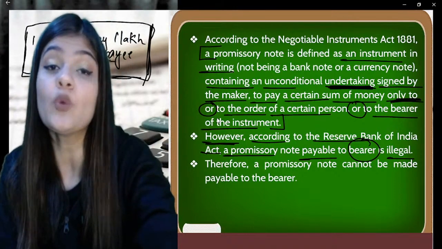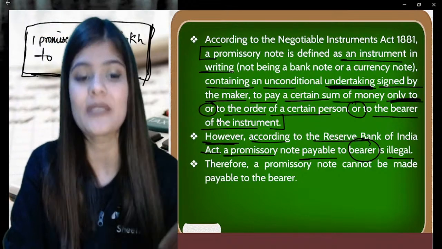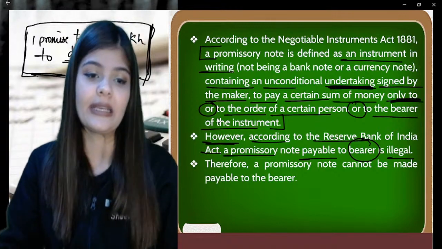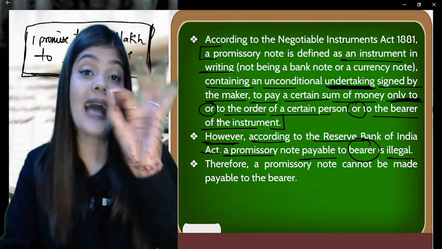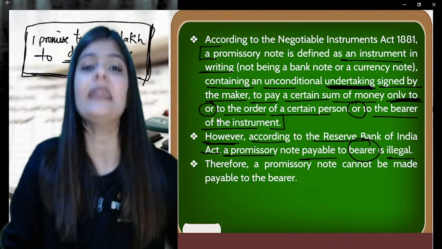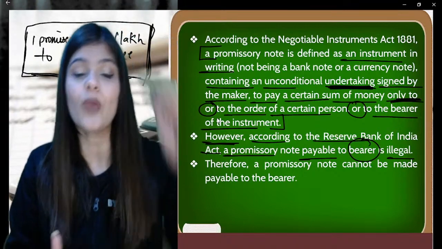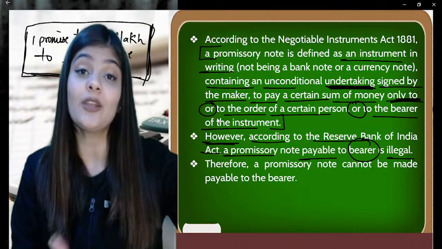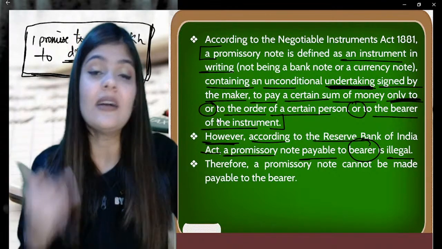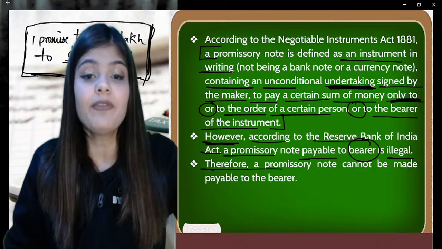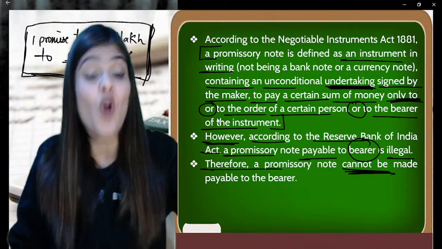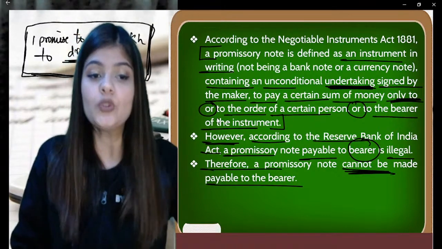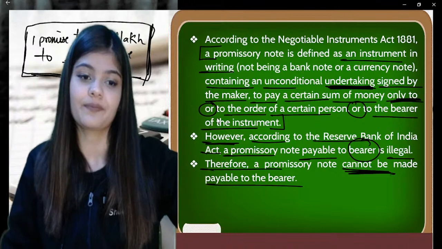You can't pay to the holder in case of promissory note because that is illegal. क्योंकि आपने नाम किसका लिखा था वहां पर? A का लिखा था. You have promised to pay to A. So you will pay to that person only. Promissory note payable to bearer is illegal as per RBI Act. Therefore, a promissory note cannot be made payable to the bearer.